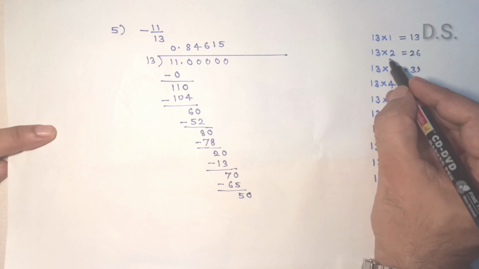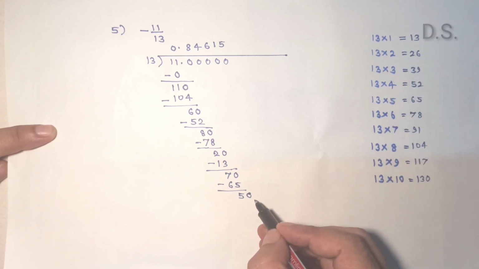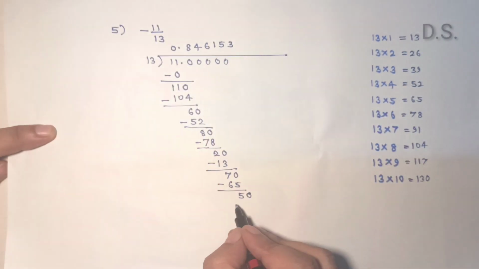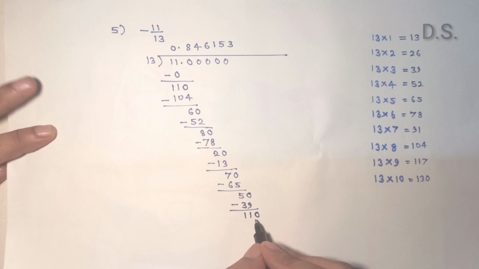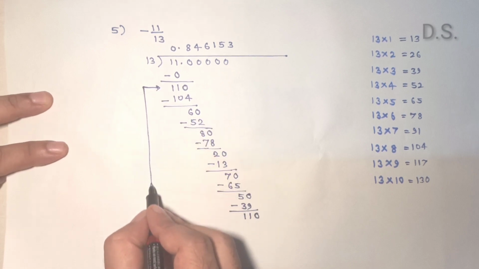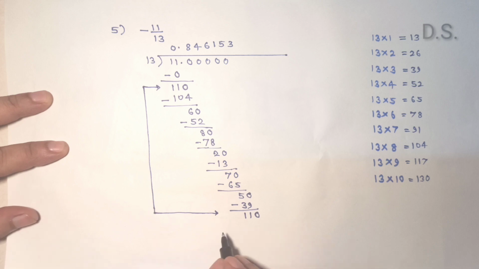Come here, 13 3s are 39 and 4 times is 52, 52 is big, so it's 3 times, which is 39, and your remainder is 11. Once you put 0, it becomes 110. Look at this, 110, again here 110.